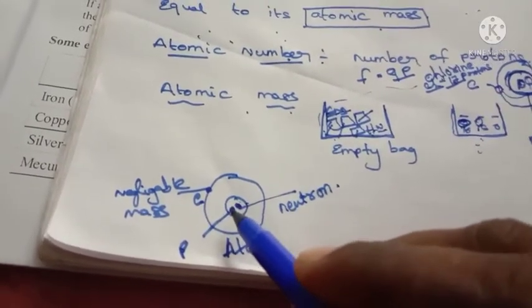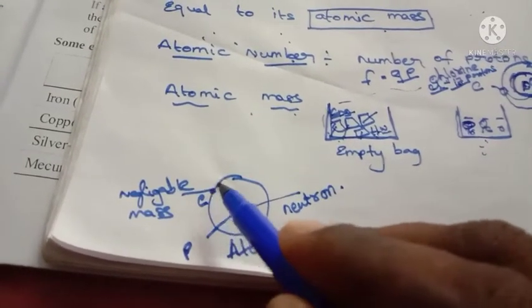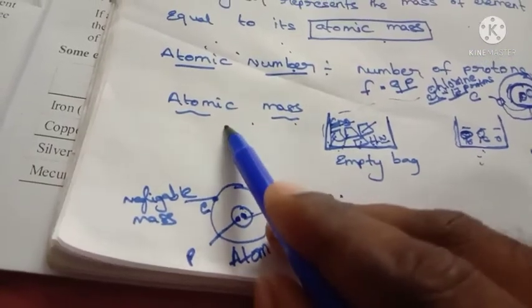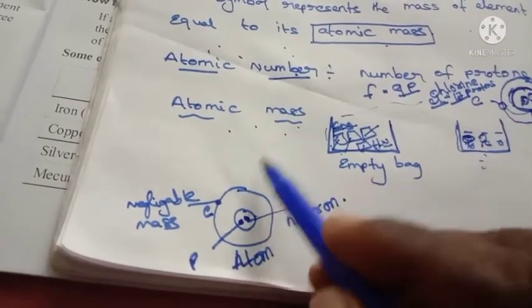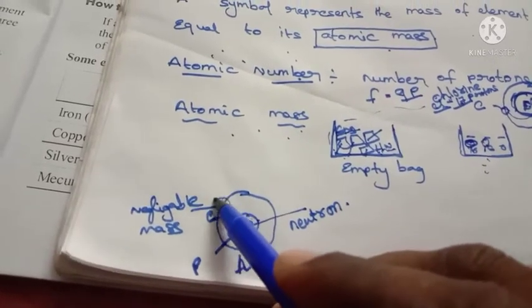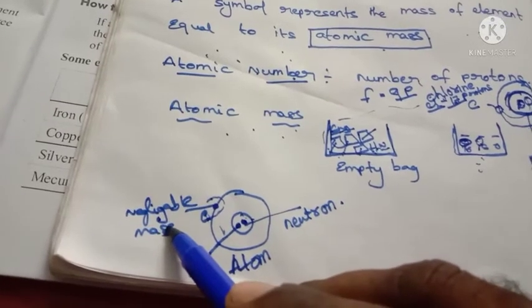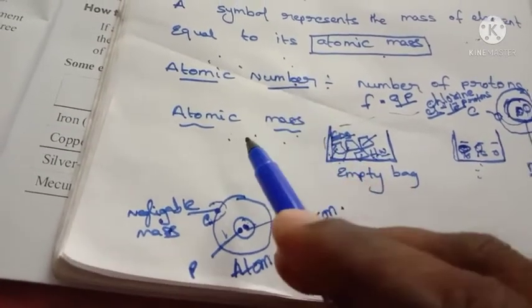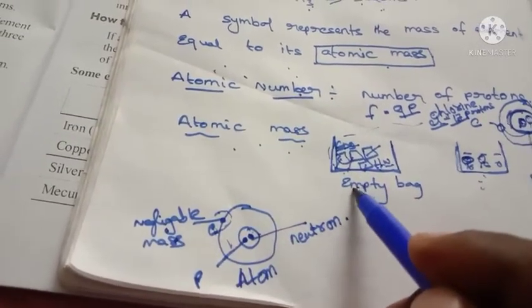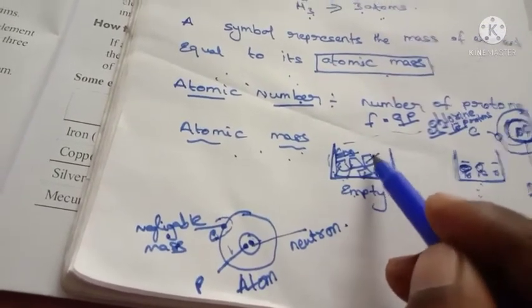Now in the nucleus what you have? Proton and neutron. So then what are we studying actually? Atomic mass. So the mass of this electron is negligible. Okay, but as I told you in the basket and bag case, every individual mass you are counting.